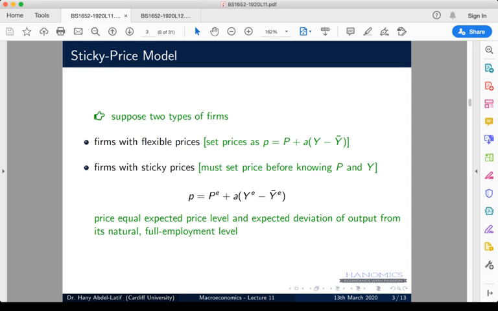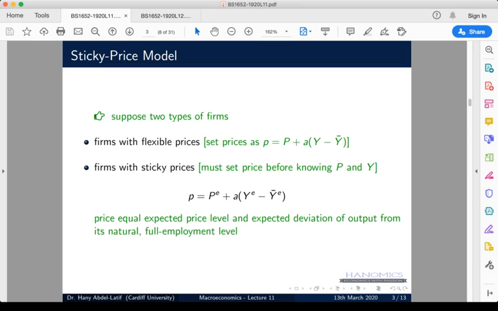These firms can adjust their prices according to the current economic conditions, or more specifically here, if there's demand, or if actual output level is above the full employment level, or below the full employment level, they can adjust their prices accordingly, so they are not faced with the sticky prices or fixed prices at all.